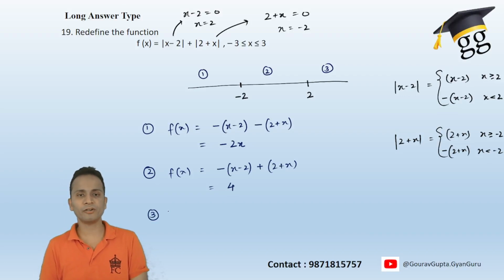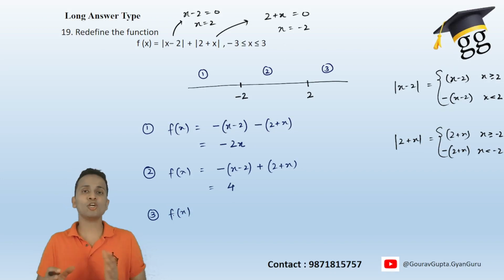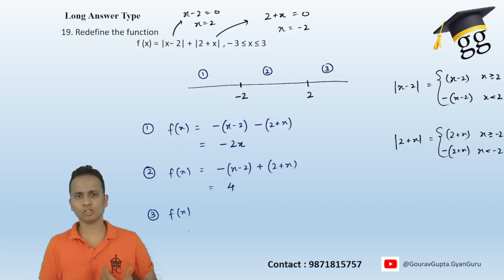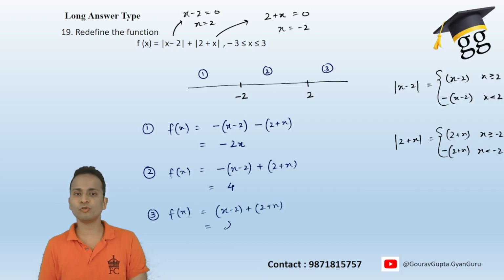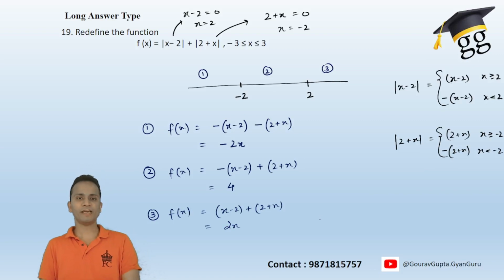Now finally the third region, which if you carefully see, is lying on the right hand side of both the points. So both the functions will be positive. The first function will be x minus 2 and the second function will be 2 plus x. Alright, so that is equal to 2x. Fine.